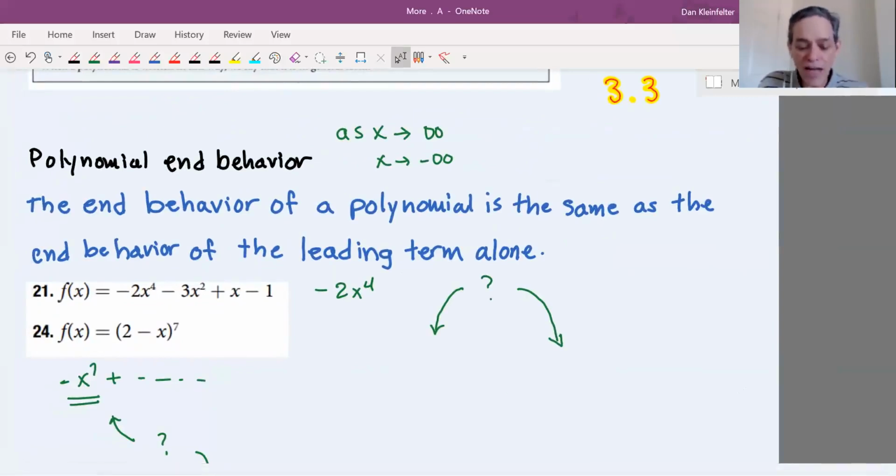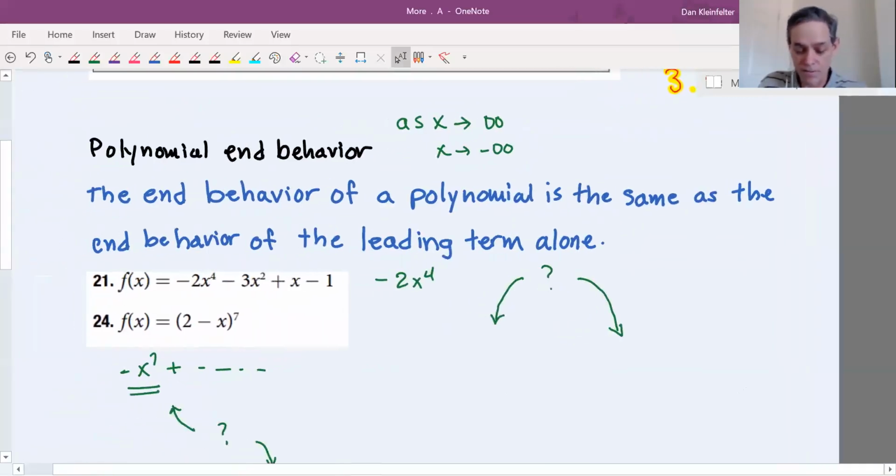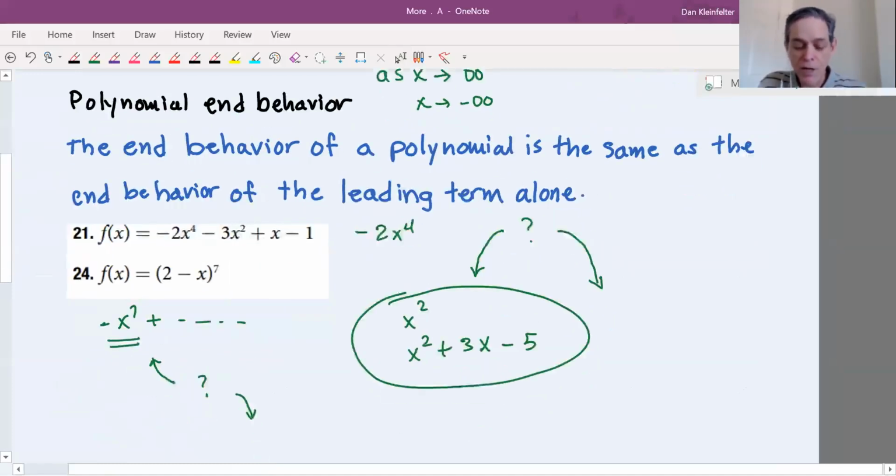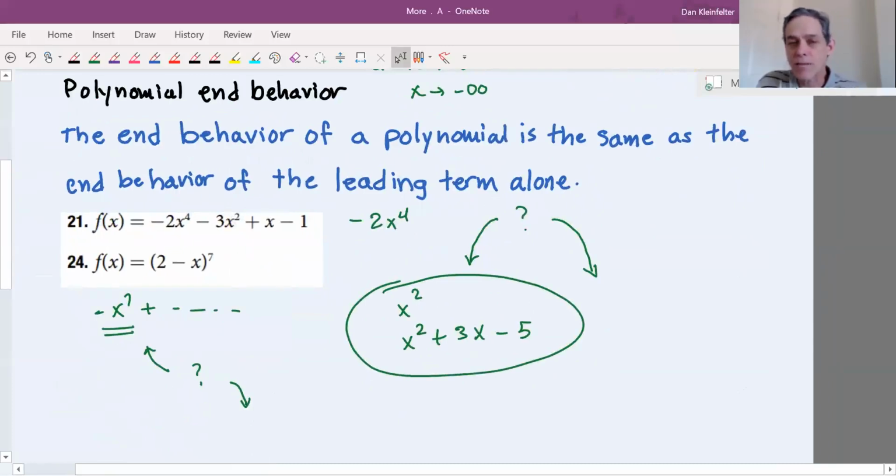So if x is a really big giant number, let's just take x squared and x squared plus 3x minus 5. Let's say we just want to consider these two functions. If x is a really big number, then x squared is going to be even bigger, of course, right? If x is like a billion or something, then I know 3 billion is really, really big.